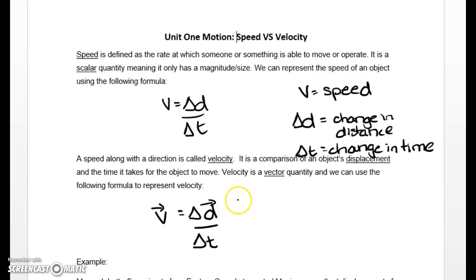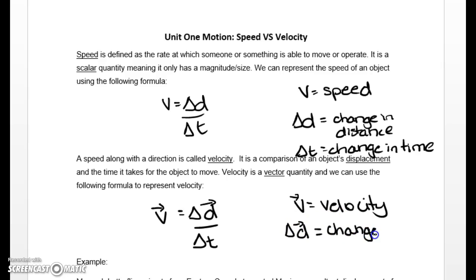Notice how they're almost identical. Just two of the variables here have arrows over them, meaning that they have to have directions, which means that they are vector quantities. So v with an arrow over it is your velocity, not your speed. Delta d is your change in displacement, so here you'd have to have a direction attached to it.